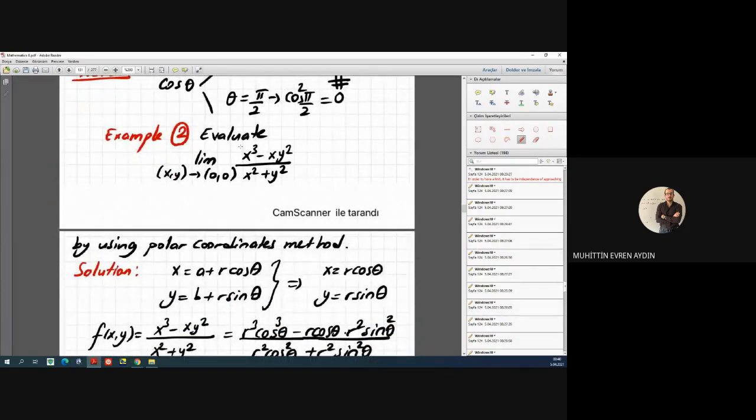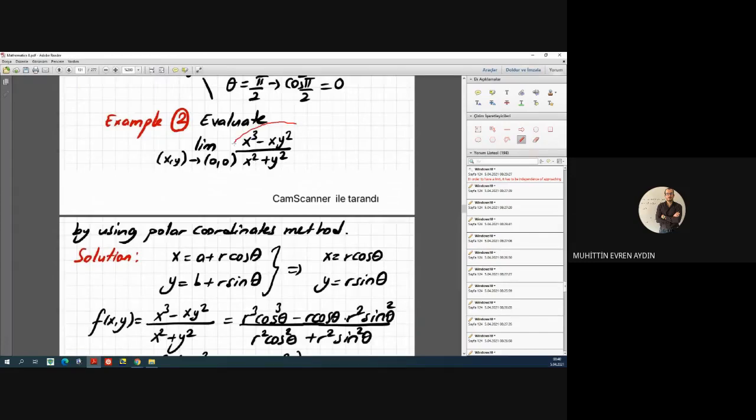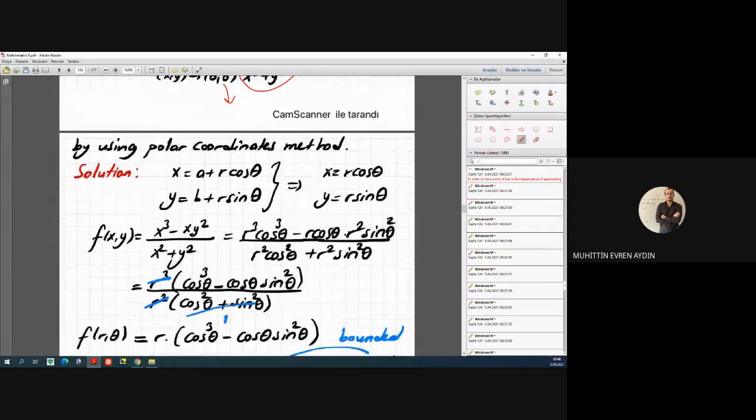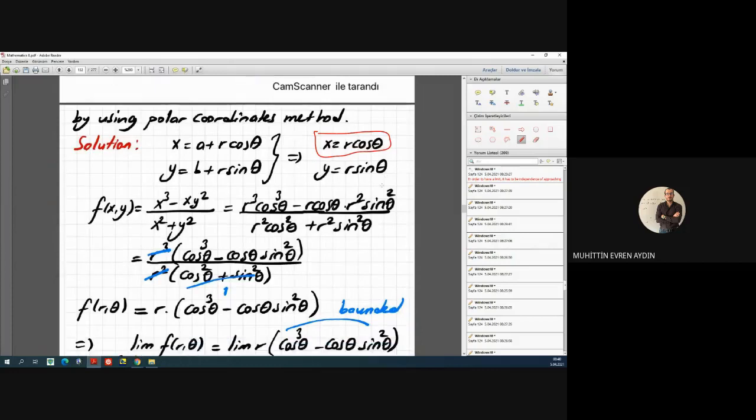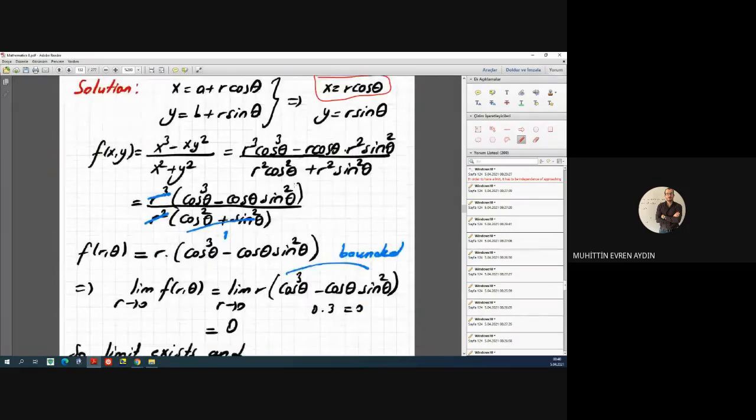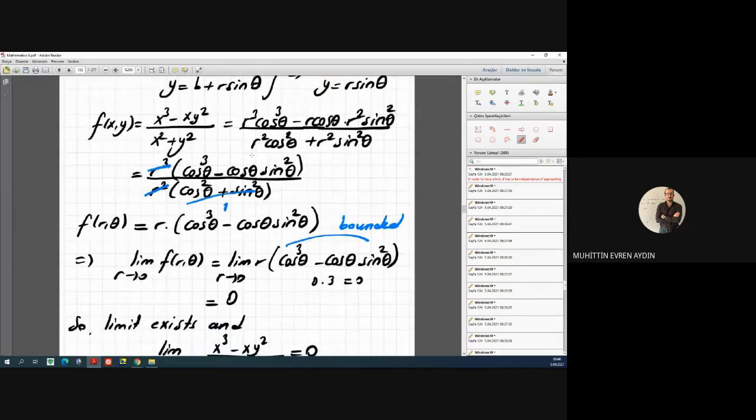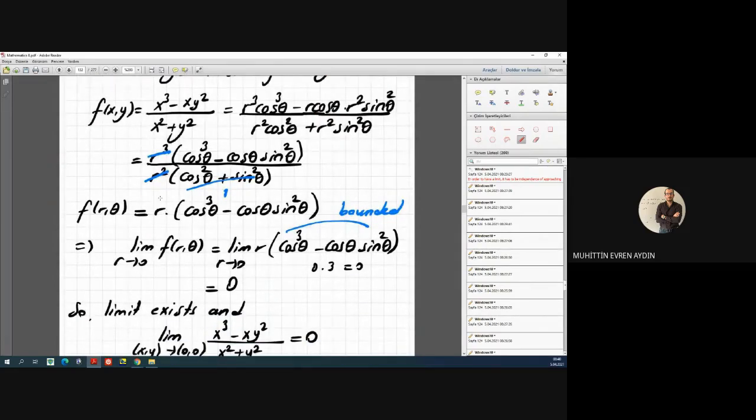Another example: our function is this, and the point is the origin. So we have to replace x by r cosine theta and y by r sine theta. After replacing, we obtain f equals r multiplied by this mathematical statement.